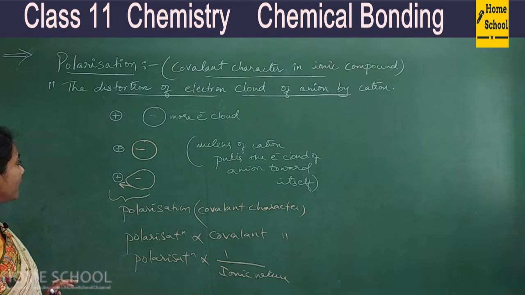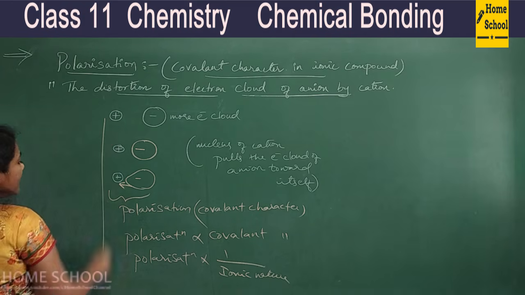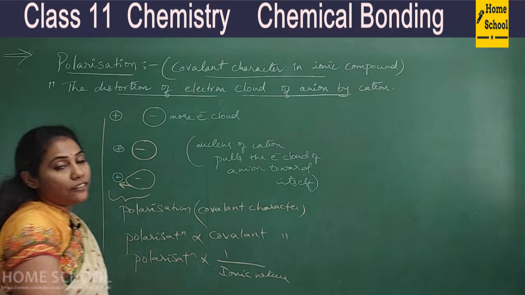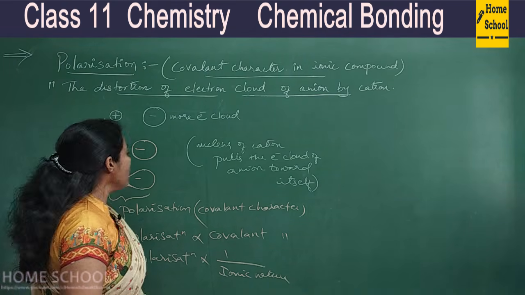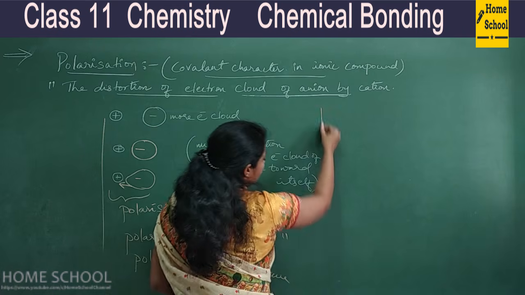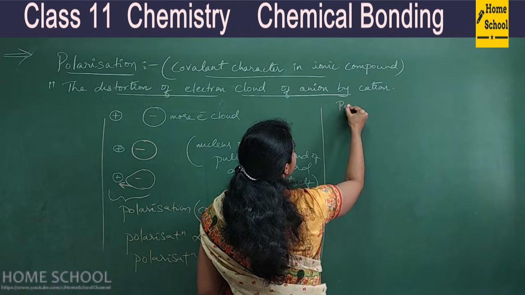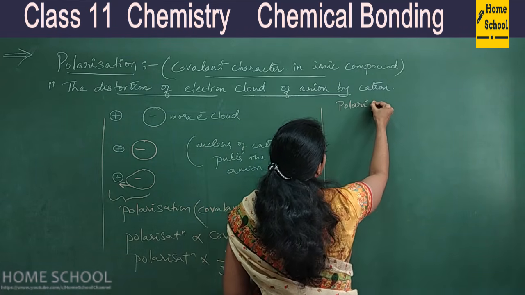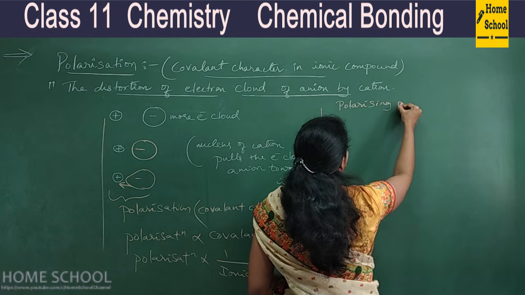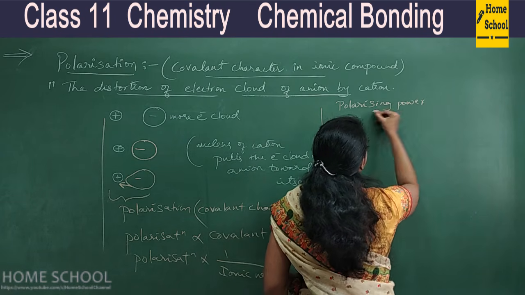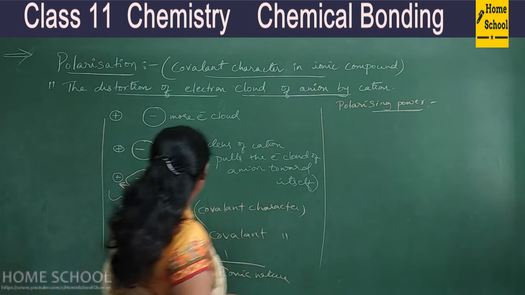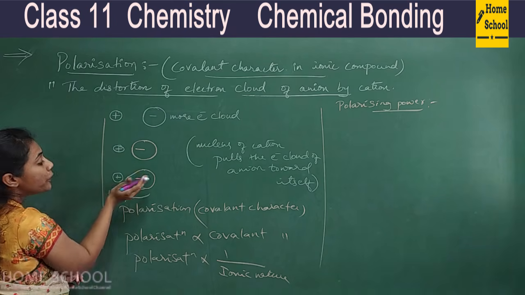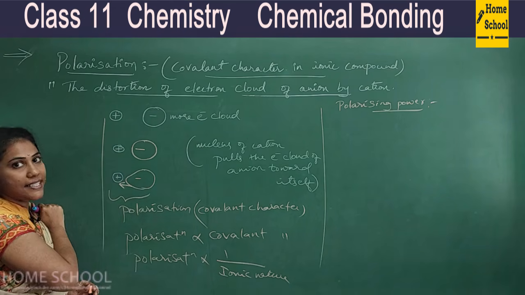Okay, fine. So here we will try to understand the meaning of certain words. There is a word called polarizing power. So what do you mean by polarizing power? It is the ability of a cation to pull the electron cloud towards itself.